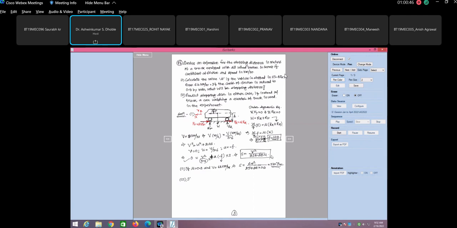So stopping distance is independent of mass of vehicle, hence it will be same in case of car.